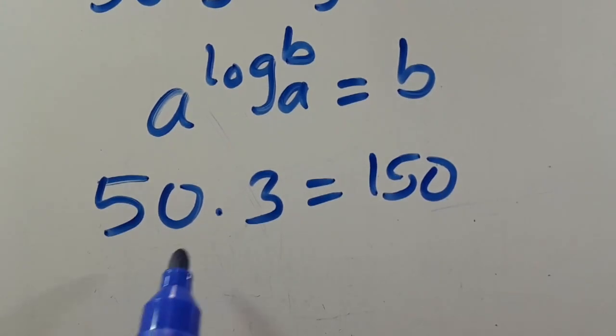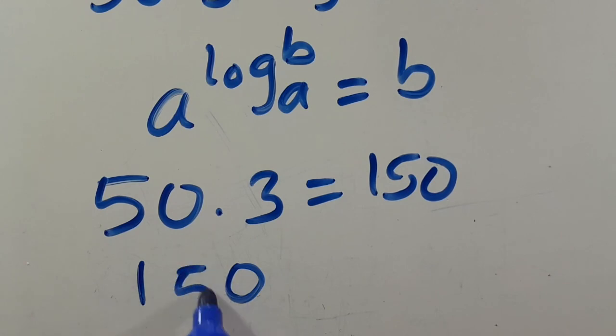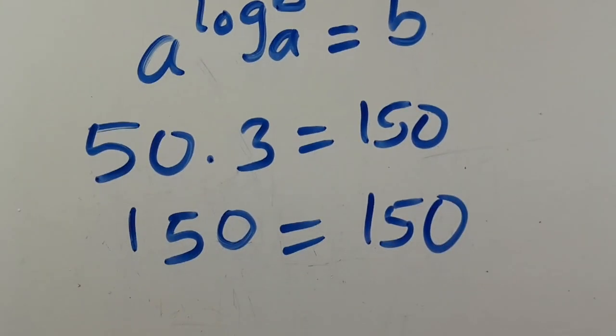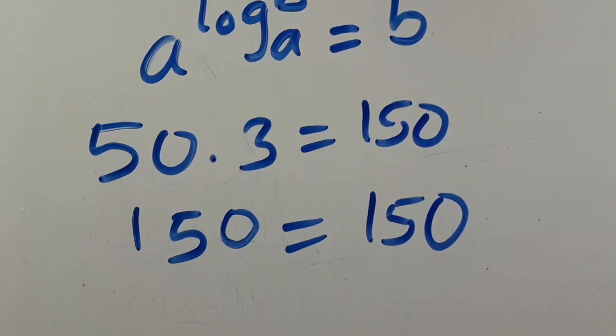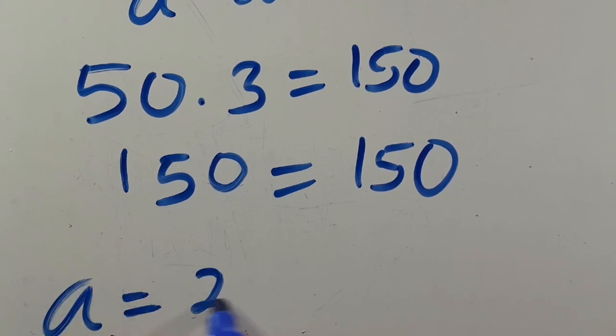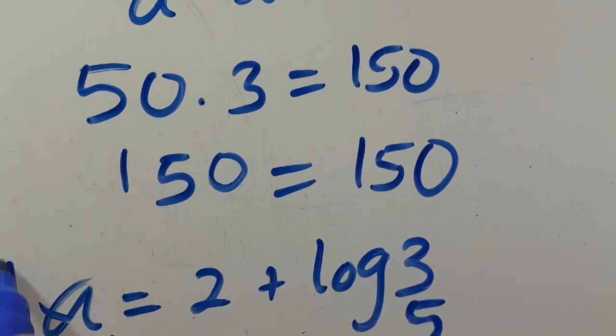So 150 equals 150. So a equals 2 plus log 3 in base 5 is correct.